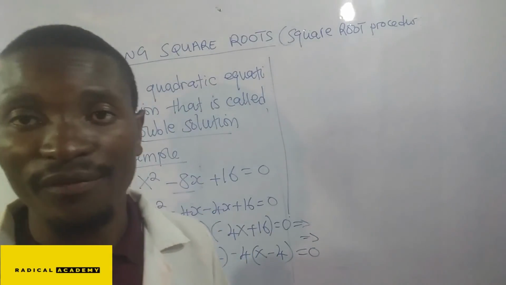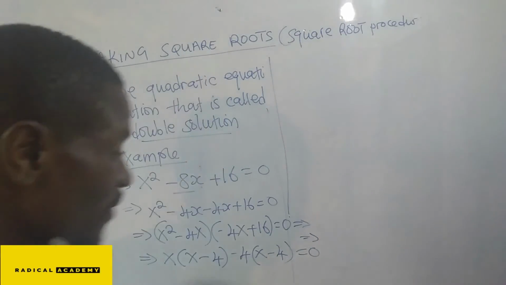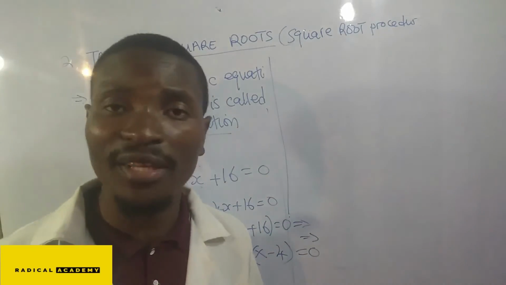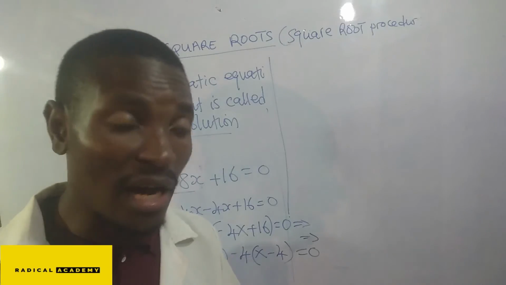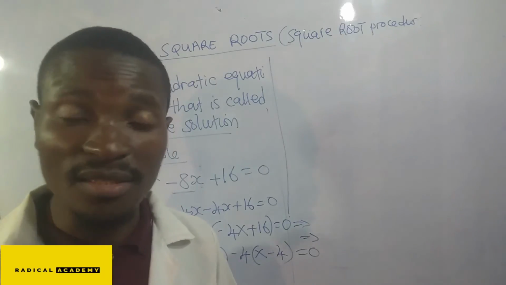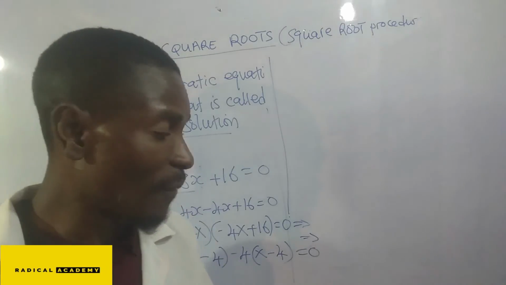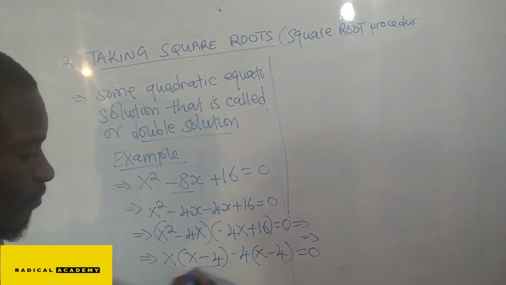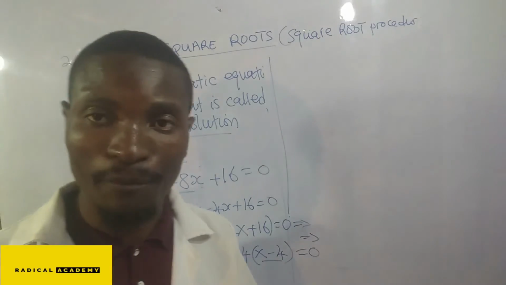Okay, so now after you have done that, we have managed to factorize. So it is just a matter of grouping the terms outside, as well as picking those that are inside the bracket, because what that means is that these are just the same.